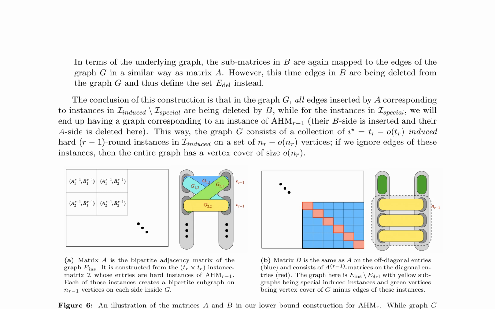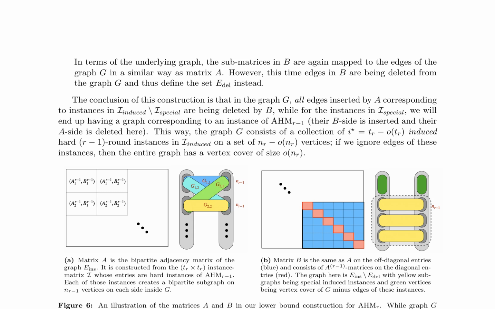inside G. Matrix B is the same as A on the off-diagonal entries and consists of A_{R-1} matrices on the diagonal entries. The graph G created this way contains a very large induced subgraph consisting of vertex-disjoint copies of hard (R-1)-round instances, namely, the ones in I_special.